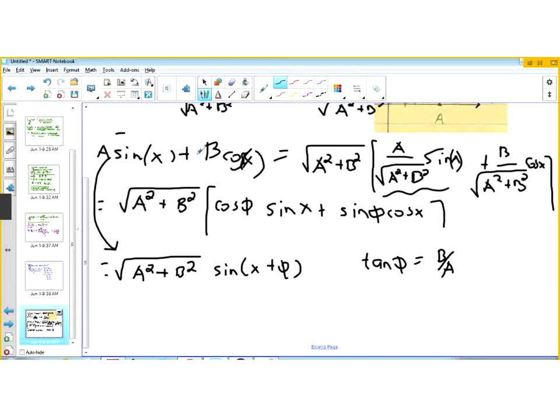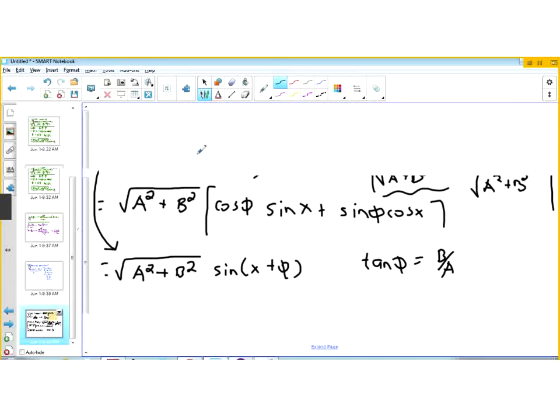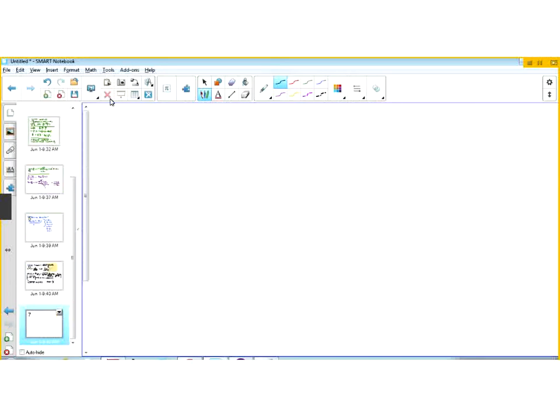You have to be careful which quadrant phi is going to be in. And that depends on the coefficients, of course. So for instance, we can do this one.